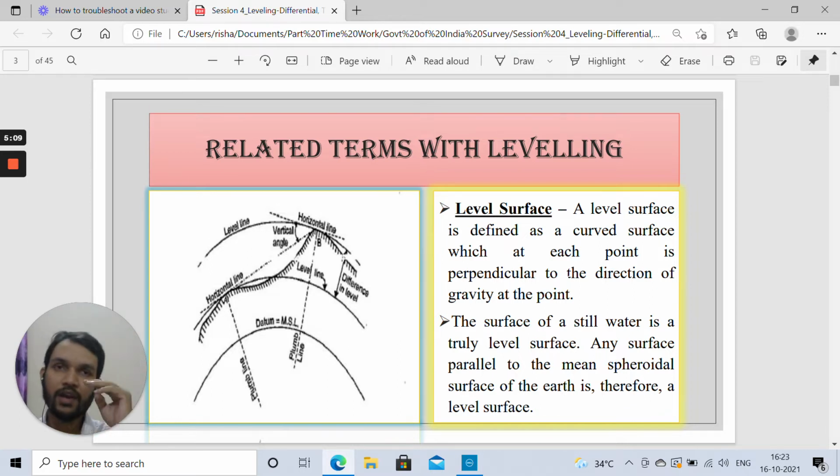When we are looking at any leveling staff or trying to take any reading, our line of sight is exactly horizontal. So when these distances are very small, then we get an exact reading, because that leveling staff is placed on the ground surface, and we are considering that this ground surface is exactly horizontal. There doesn't come much error until we are doing this exercise for short distances.